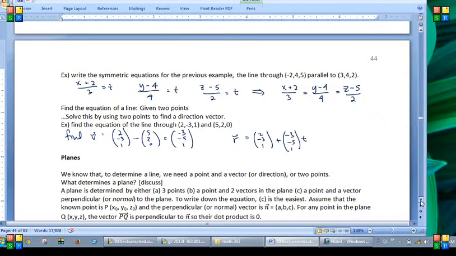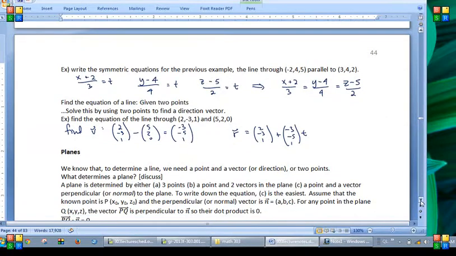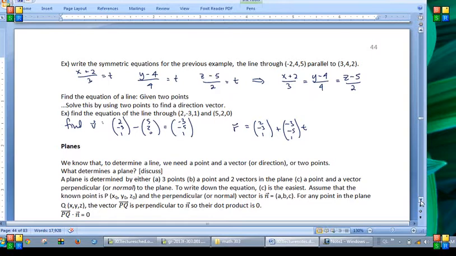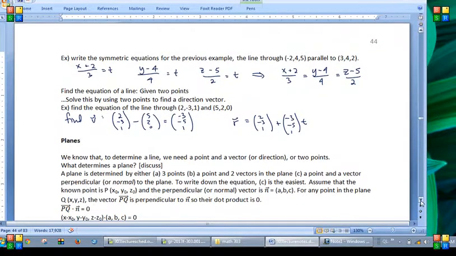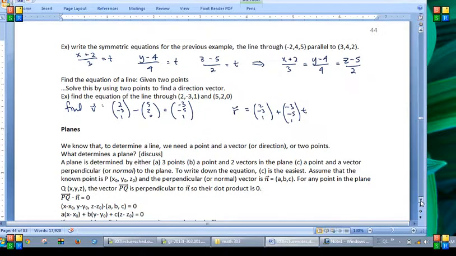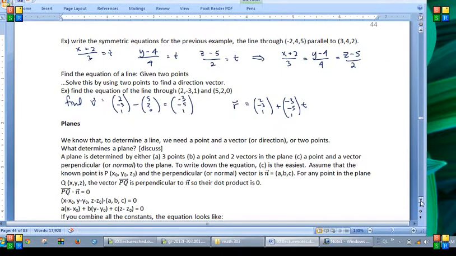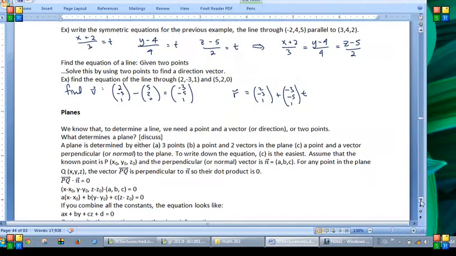Now let's write that down and see how it gives us the equation. So the vector PQ dot n equals 0. The vector PQ is the difference between the 2 points, so it's x minus x0, y minus y0, z minus z0, dot ABC. Let's just write out the calculation, then I'm going to combine the constants, and what you get is this.